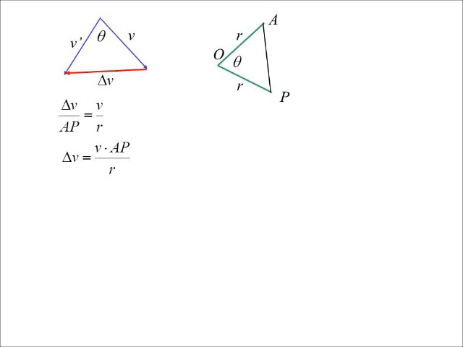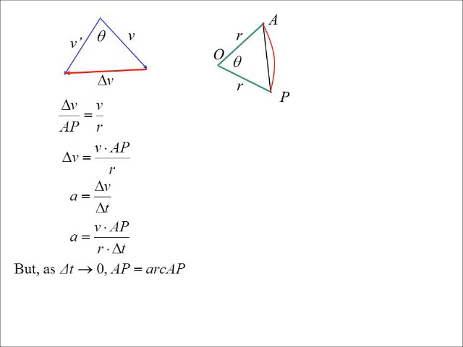Now, acceleration, we know, is the change in velocity over the change in time. So my acceleration is v times AP over r times the change in time. But if you think about circular motion, that change in time is basically approaching zero, because as soon as it moves, it's changing direction in an instant. It's just continually changing direction.